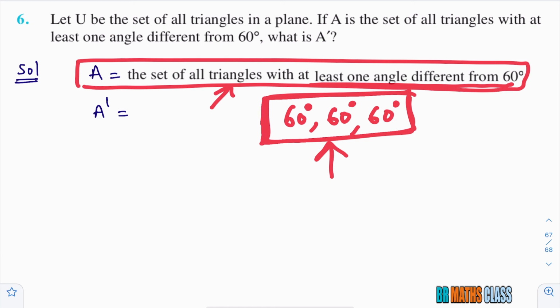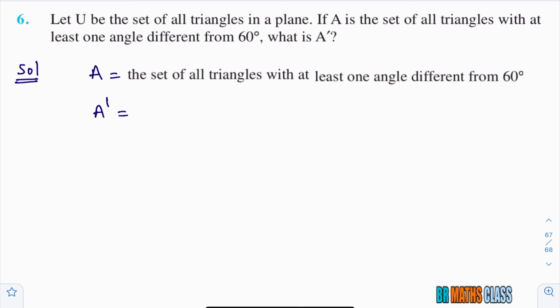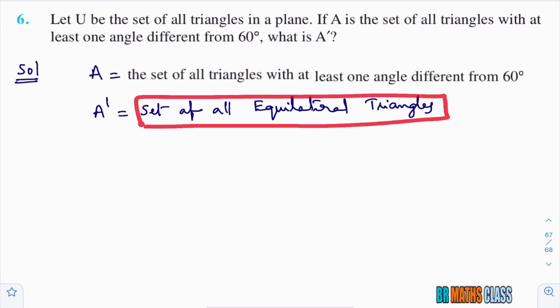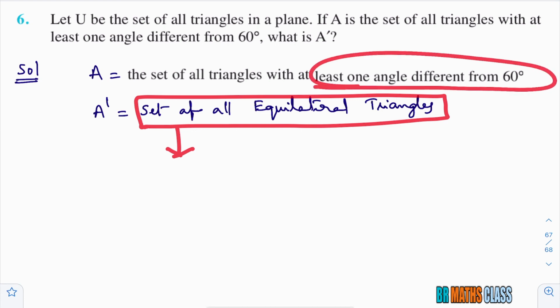All are 60 degrees. So here what I can say is that the set of all equilateral triangles is the complement of this set. You take any triangle other than an equilateral triangle, any triangle which contains at least one angle different from 60 degrees.